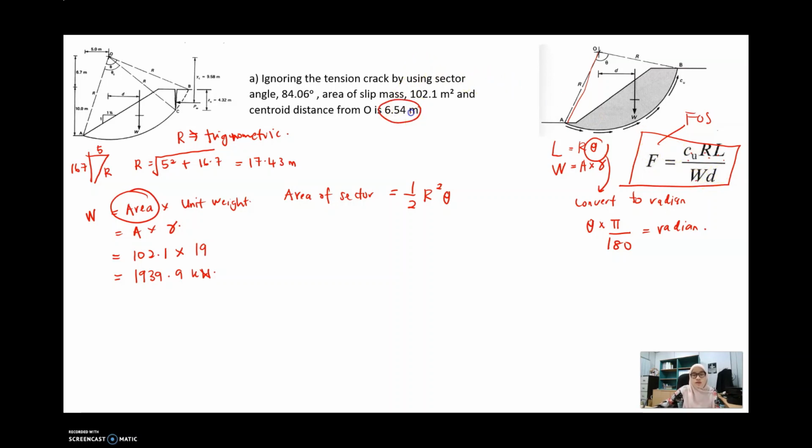There is your D value. Okay, there is your A, and there is your theta.